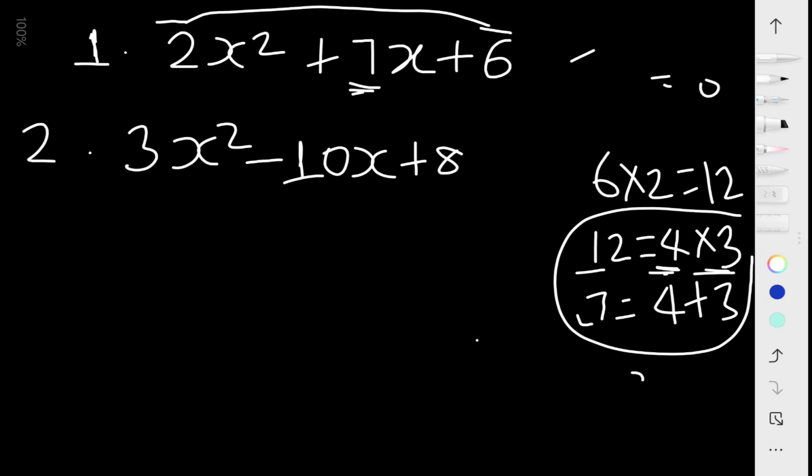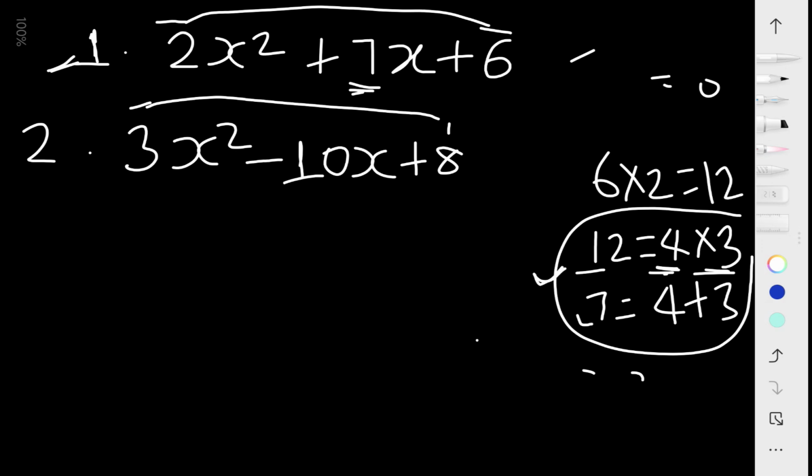You can understand first what I told in this question. The constant is 8, and the coefficient of x square is 3. Then you have to multiply both. Now you can write in the same form, with this logic.